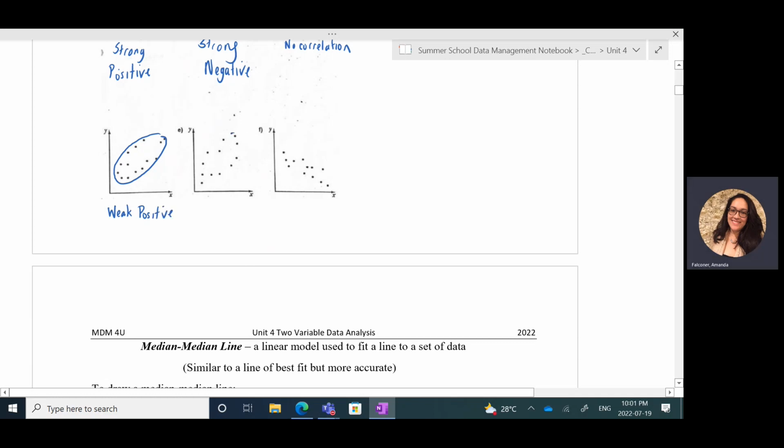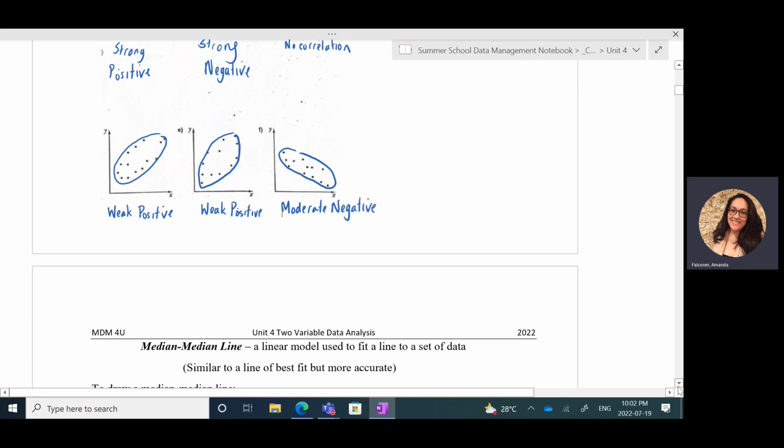I'd still say that this one is weak positive. And this one here, I'd say negative, and I'd say that it's like a moderate correlation.